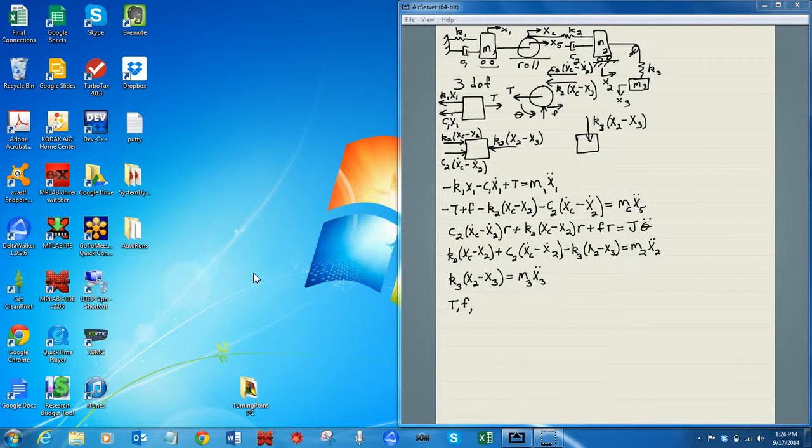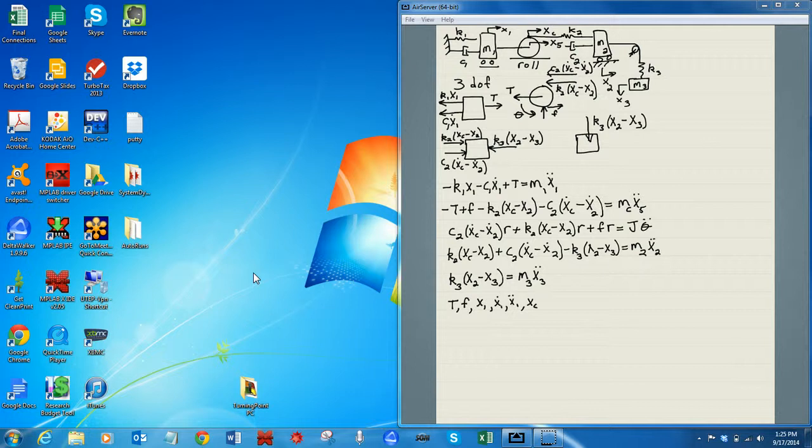So I have x1, and all of the derivatives for x1: x1 dot, x1 double dot, etc. In the next one I have t, which I've counted, f, which I've counted, xc.